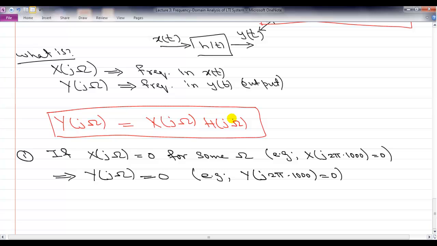So if my input signal has no frequency at, let's say, 1 kilohertz, the output of the LTI system cannot have that frequency either. So an LTI system cannot generate new frequencies. That's the first key concept. If my sound does not produce, let's say, 2 kilohertz frequencies, if you use an LTI system to process it, you cannot add 2 kilohertz frequencies no matter what you do.